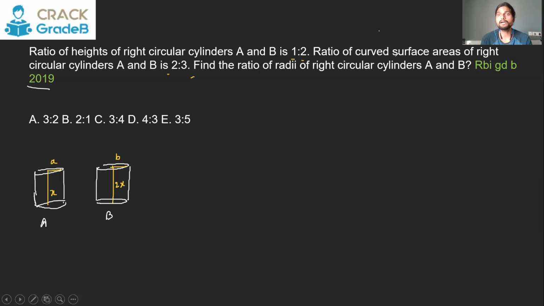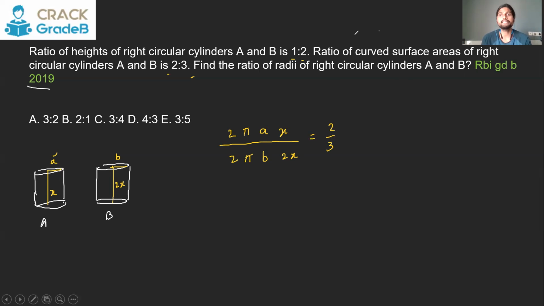So what is the formula for curved surface area? The curved surface area is 2 pi r h. So 2 into pi into r, where the radius here is a, upon 2 pi r h for the other. This ratio is given as 2/3.